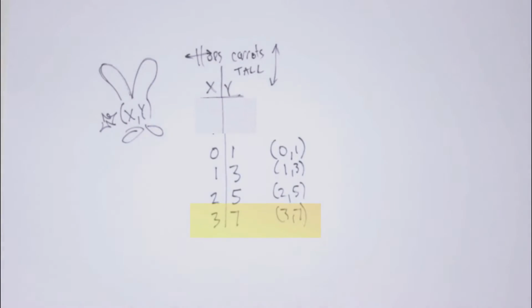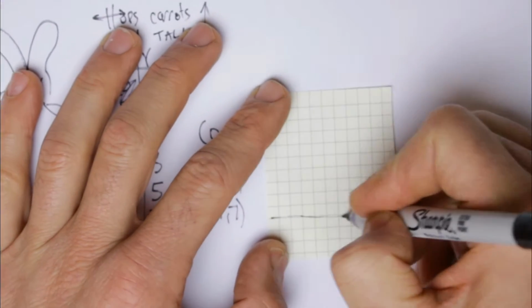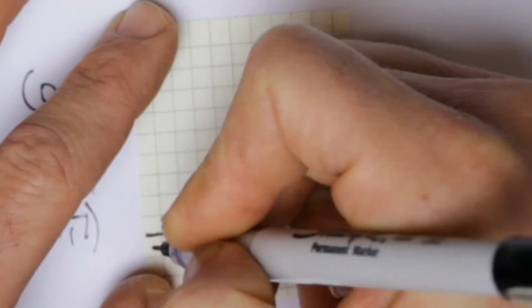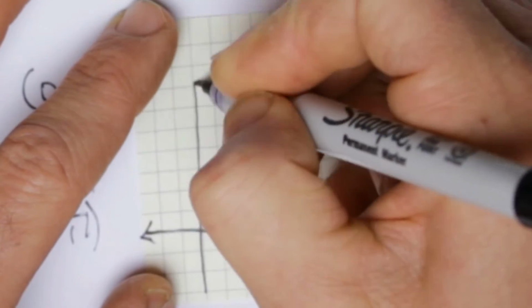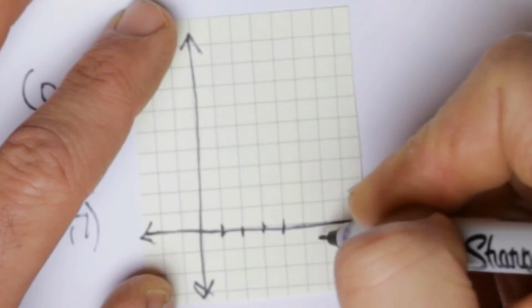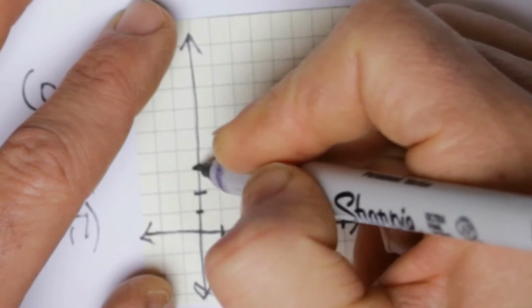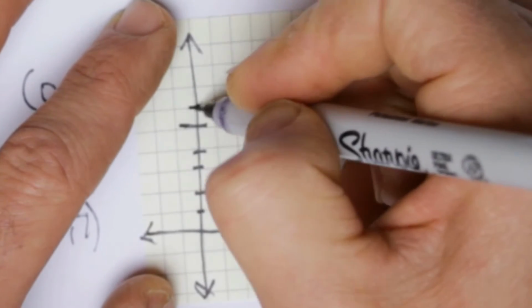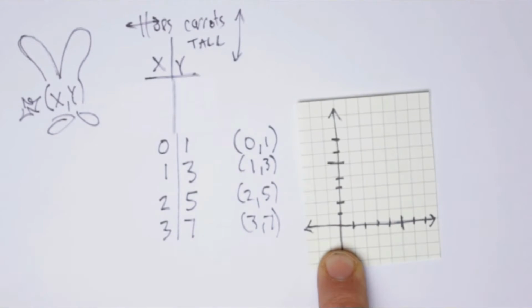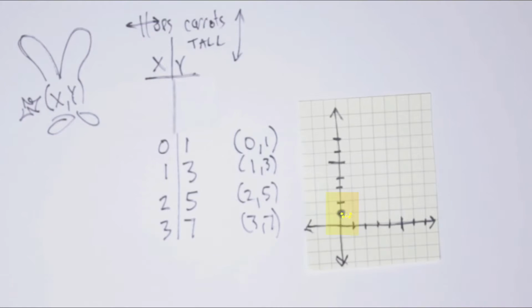We could also do it on graph paper. So on graph paper, we have our horizontal x-axis, and then we have our vertical y-axis. I like to go 1, 2, 3, 4, big 5, 6, 7, 1, 2, 3, 4, big 5, 6, 7. We're just going to be in the first quadrant here, going right and going up. 0, 1 can be represented with a dot right there.